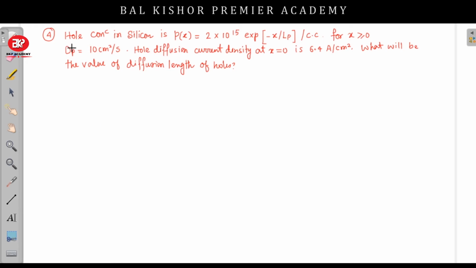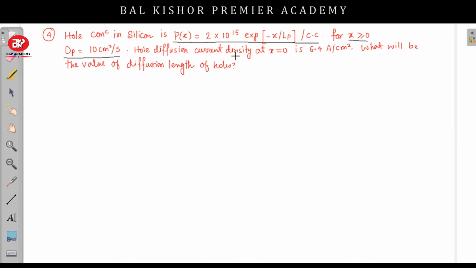In this fourth numerical, you can see that the hole concentration in silicon is given by px. The hole concentration is varying with respect to distance, for x greater than or equal to 0, and Dp, the hole diffusion coefficient, is given as 10 centimeter square per second.